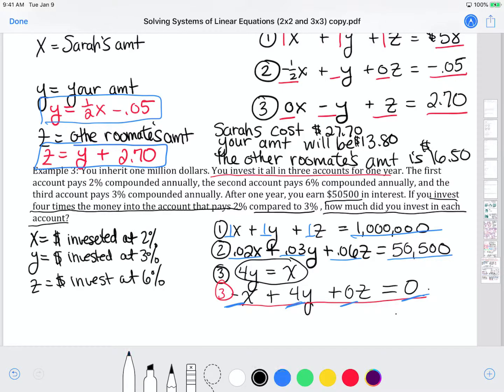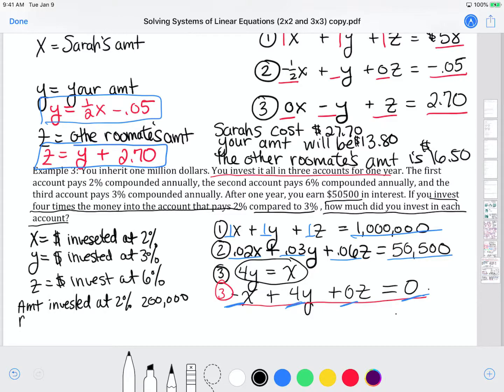Okay, when I do that, I get that x is 200,000. So I would say the amount invested at 2% is 200,000. I get y is 50,000.